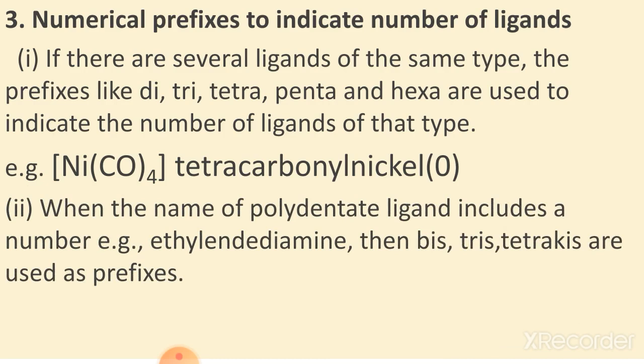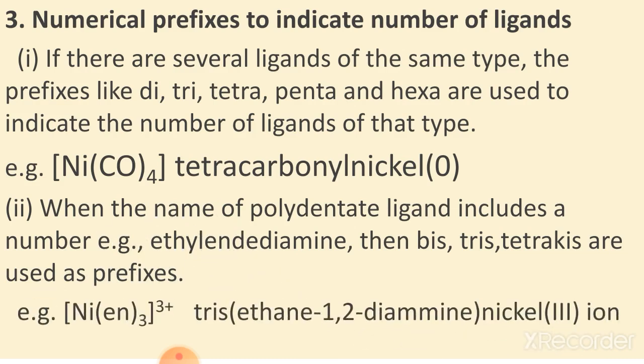Then when the name of a polydentate ligand includes a number, for example ethylenediamine, also known as ethane-1,2-diamine, then bis for 2, tris for 3, tetrakis for 4 are used as prefixes. So look at [Ni(en)3]³⁺. Here the name of en is ethane-1,2-diamine. Here di has already appeared, so for this type of complex the numbers used are bis for 2, tris for 3.